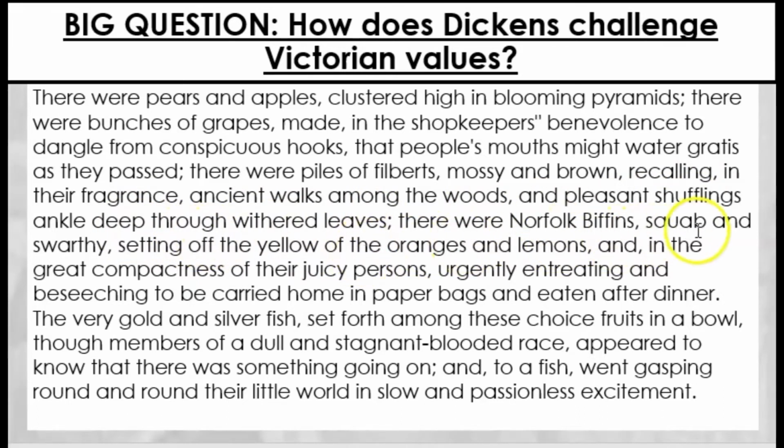There were Norfolk biffins, squab and swarthy, setting off the yellow of the oranges and lemons, and in the great compactness of their juicy persons, urgently entreating and beseeching to be carried home in paper bags and eaten after dinner. The very gold and silver fish, set forth among these choice fruits in a bowl, though members of a dull and stagnant-blooded race, appeared to know that there was something going on, and, to a fish, went gasping round and round the little world in slow and passionless excitement.